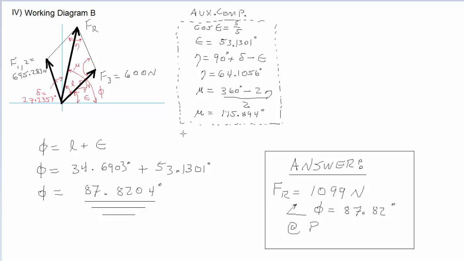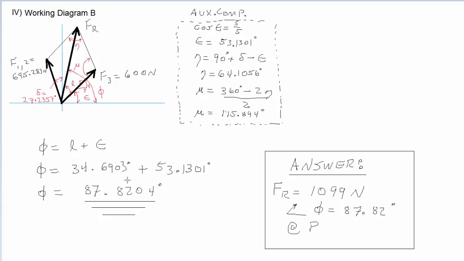Now, a couple of notes just finishing up this particular problem. You notice that phi is 87 degrees, almost 88 degrees, very close to 90 degrees. In the initial problem, you don't actually see this in these notes because I'm trying to make it as straightforward as possible. But in the initial problem, when I drew this diagram, working diagram B, and I extended my vectors, FR actually ended up in the second quadrant.